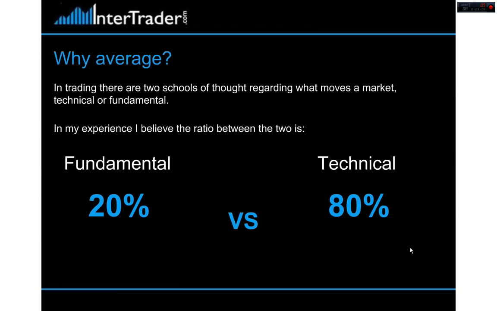The market's going to move 80% of the time technically, 20% of the time fundamentally. That's just how markets move. If you see some big fundamental news like we saw today, for instance, interest rates were cut in the UK to historic lows at a quarter of 1%, and that sent the pound tumbling, because you get less investors craving the pound because you get less of a return.